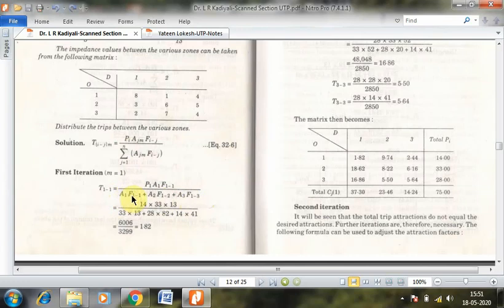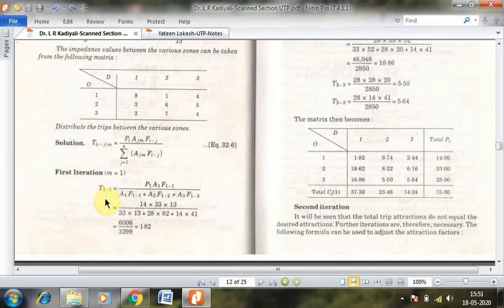The denominator has A1 F11 plus A2 F12 plus A3 F13. Origin is 1, destination is 1. Origin is 1, destination is 2. Origin is 1, destination is 3. So the friction factor corresponding to these destinations you will have to select. Now I'll explain the substitution of this one case, and then the same thing needs to be followed for the other cases as well. So this is for T11.